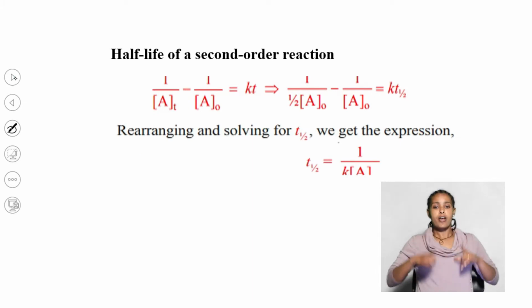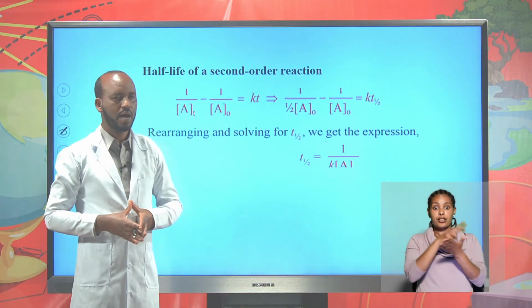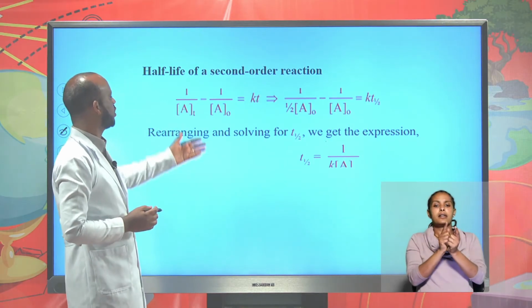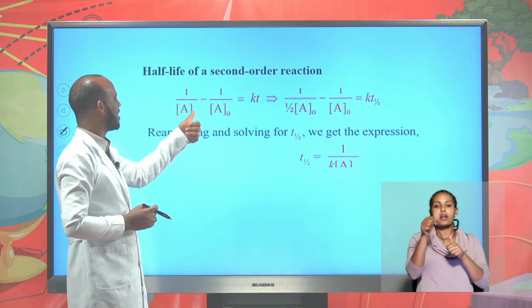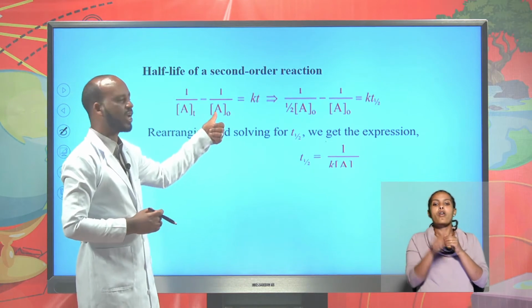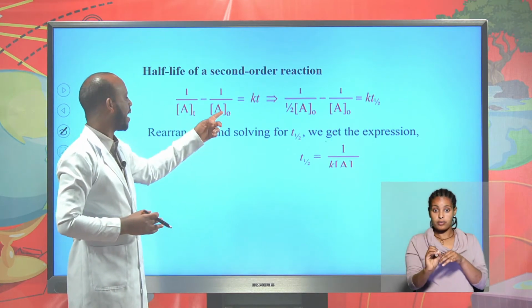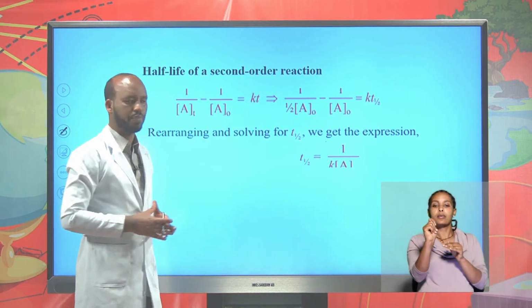Half-life of a second order reaction. The integrated rate equation for a second order reaction is: 1 over the concentration of A at any time t minus 1 over the initial concentration of A equals K times t.